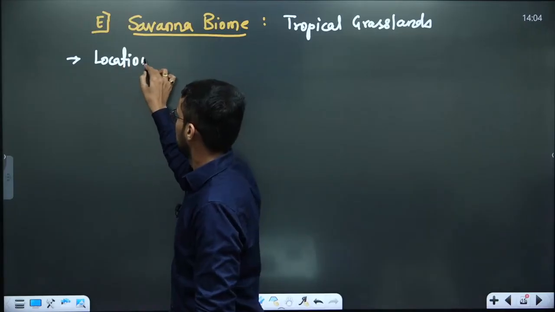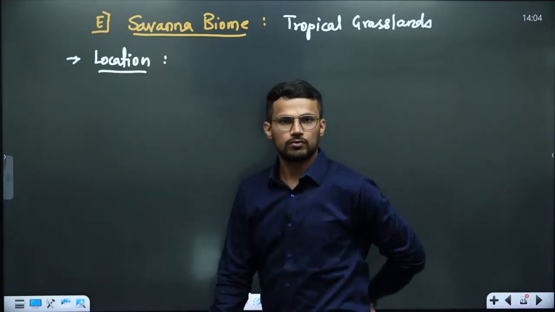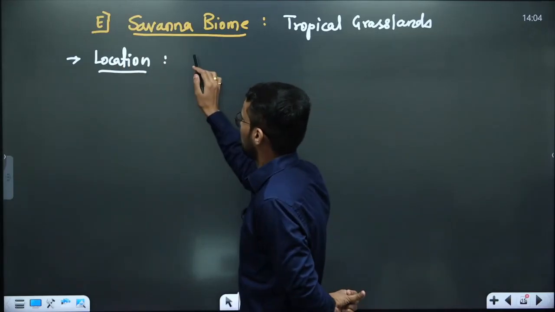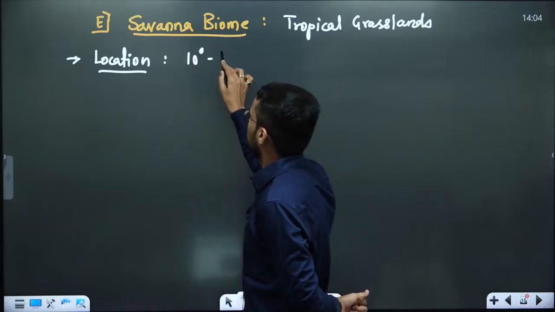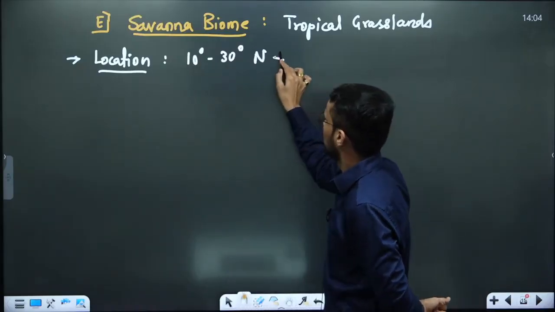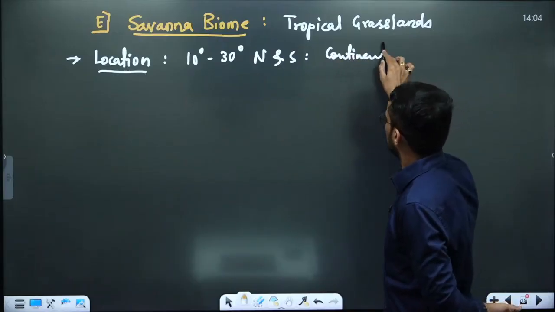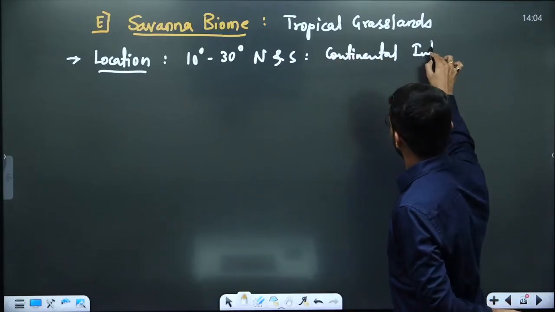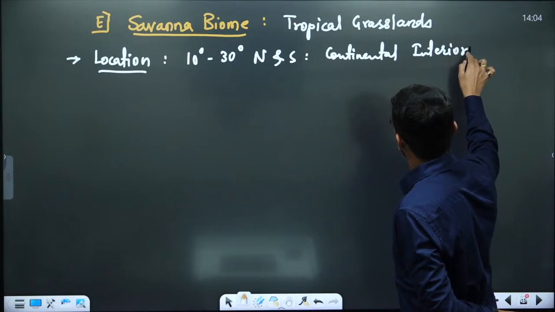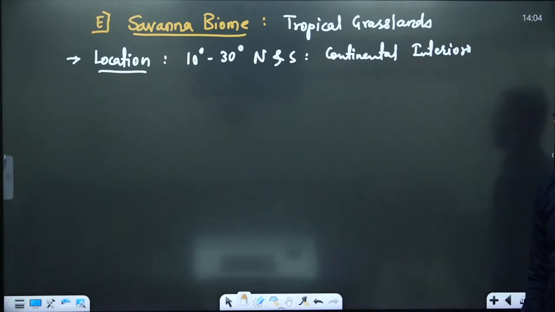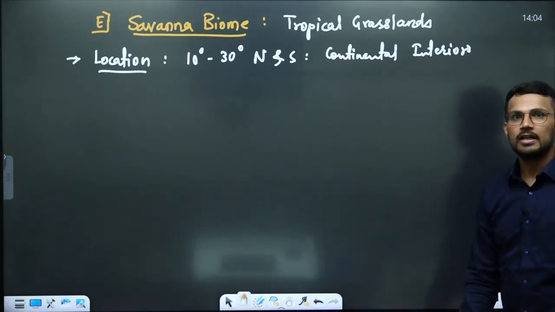Location. What is the location of these areas? 10° to 30° north and south, continental interiors. 10 to 30° north and south continental interiors.